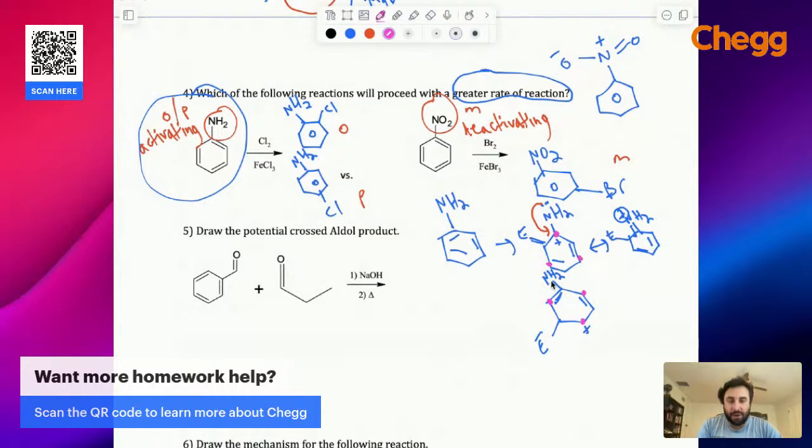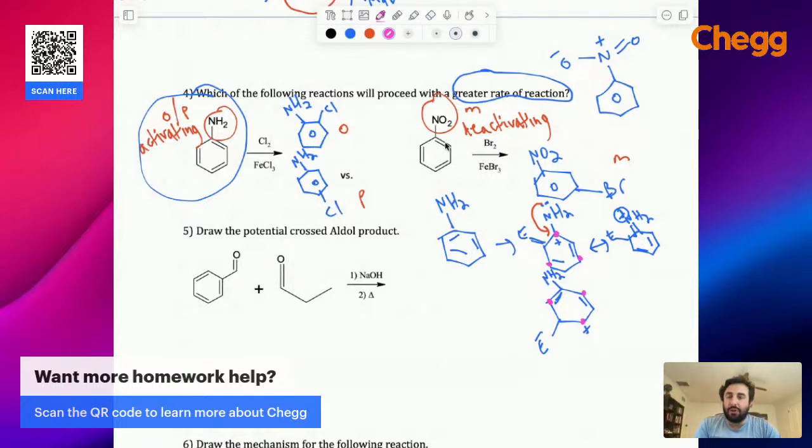If you have a meta director, NO2 here, and the positive charge is never adjacent to the NO2, that's the best situation you can have. It's the best pathway available. So electron withdrawing groups are meta directors because it avoids this specifically least energetically favorable possibility, right? The presence of that substituent makes it even worse.